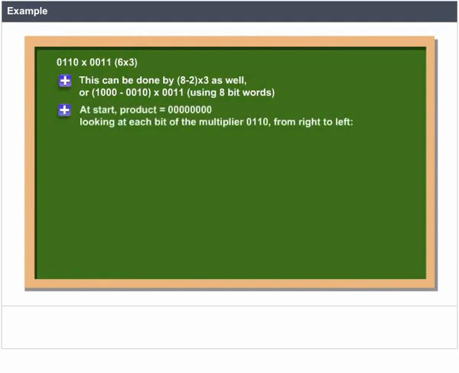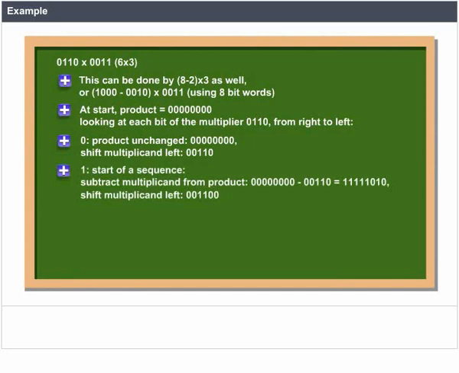At start, product equals 00000000. Looking at each bit of the multiplier 0110 from right to left. 0, product unchanged, 00000000, shift multiplicand left, 00110. 1, start of a sequence.